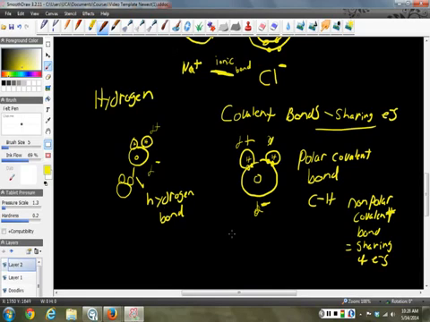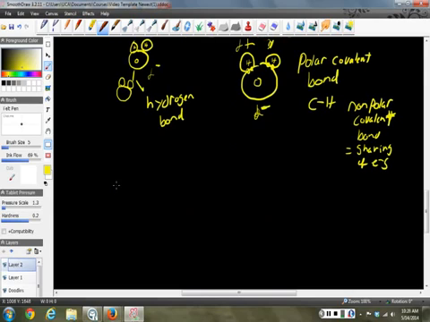So bonds between water molecules are hydrogen bonds. Bonds in a water molecule are covalent bonds, in this case polar covalent bonds. And these hydrogen bonds give water tons of cool properties that make it useful for life on Earth.